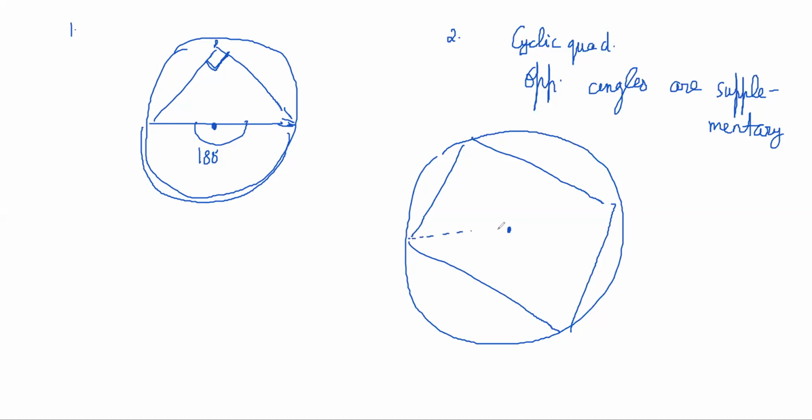So if you draw like this, let's call this arc PQ, and PRSQ is one arc. PQ arc will subtend some angle, let's say alpha. So this angle will be 360 minus alpha, right?